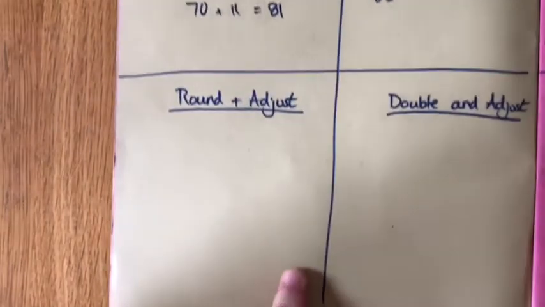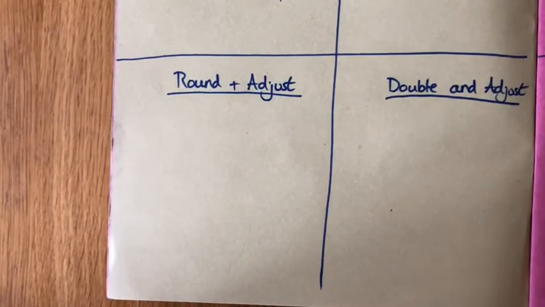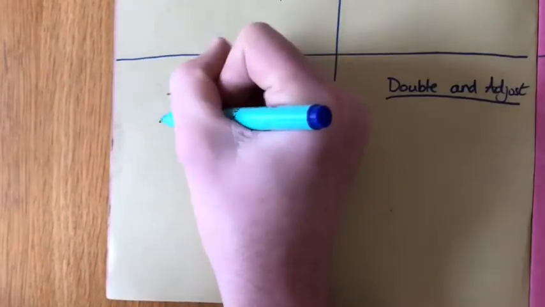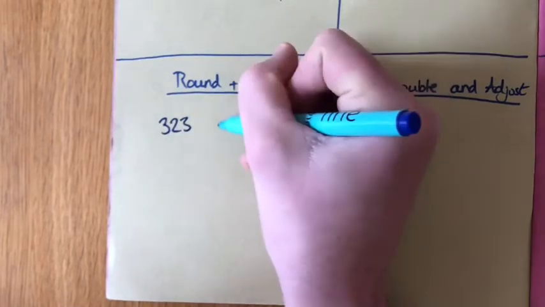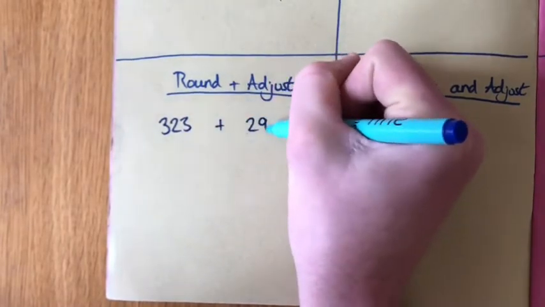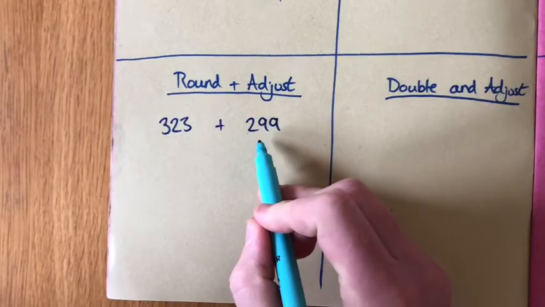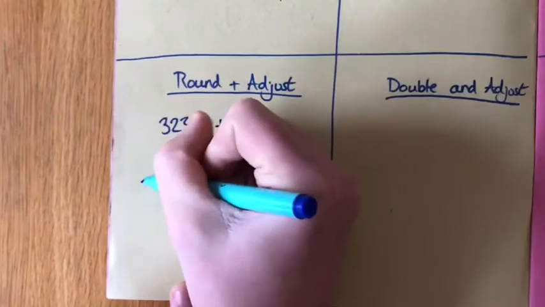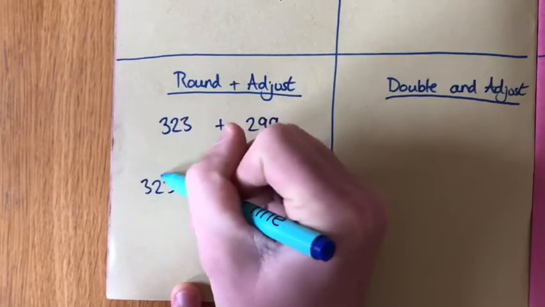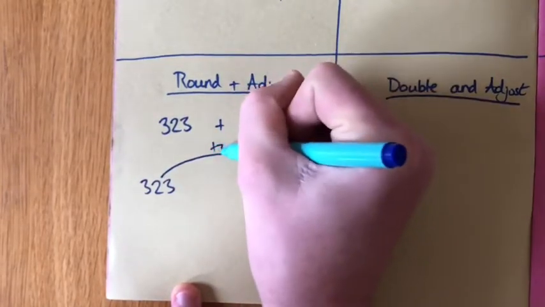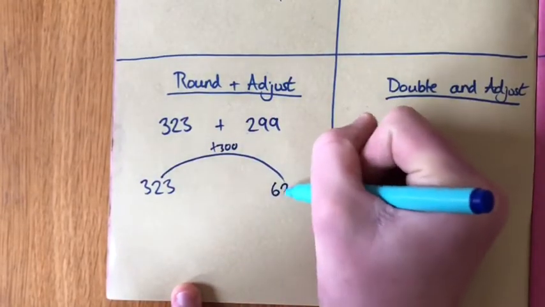Now, going down to something like round and adjust. This might be handy if we're doing a question like 323 add 299. Hopefully we look and we go, well, that 299 is very close to 300. So if I do 323 add 300, that's going to get me to 623.